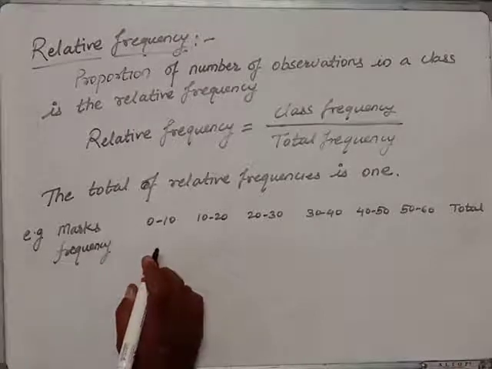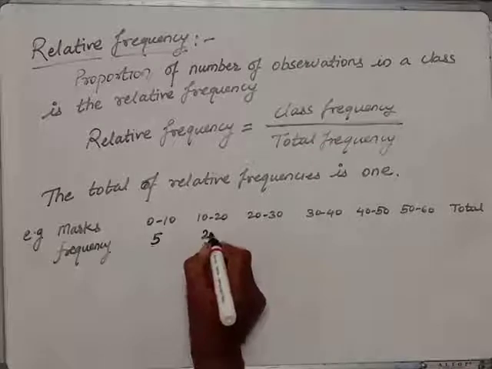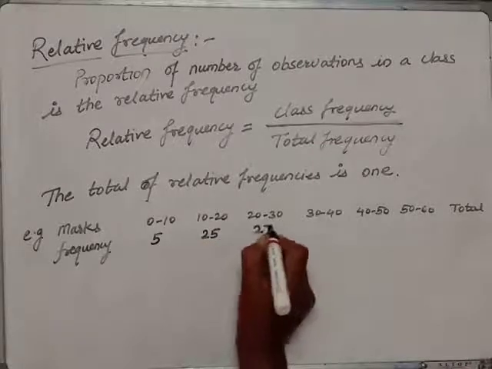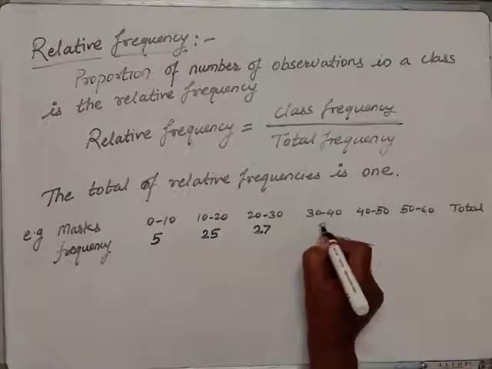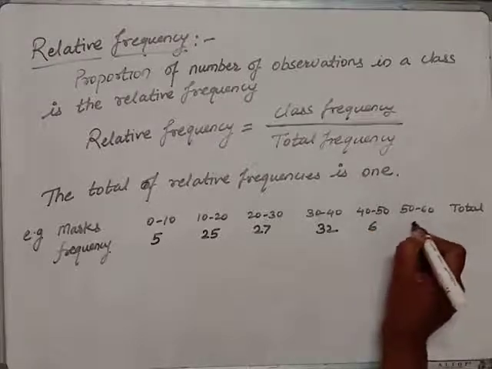Suppose for 0 to 10 the frequency is 5, then 25, 27, 32, 6 and 5.